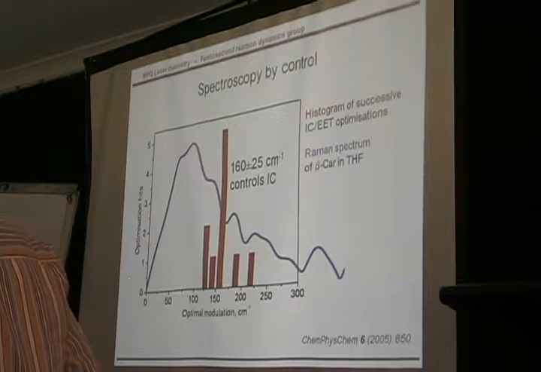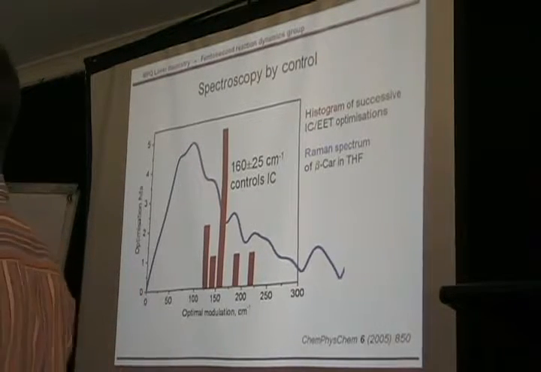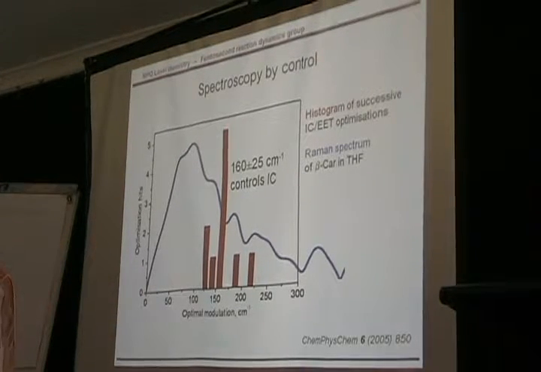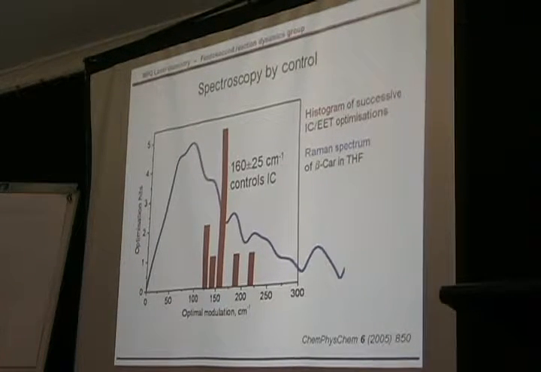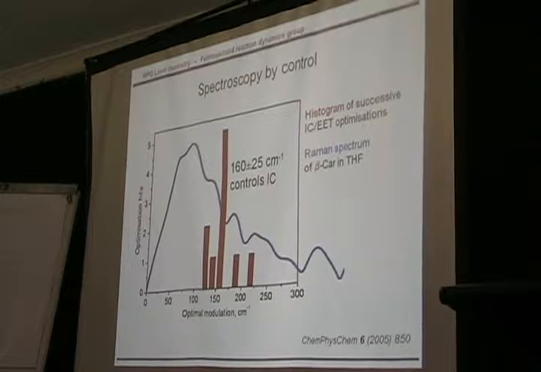We do not make a spectroscopy of all the modes that are there, but instead we look at which mode is essential for internal conversion. So what we have picked out here is a mode of 160 wave numbers, which does something to the internal conversion. It can enhance it. That's all we can say on a phenomenological level.